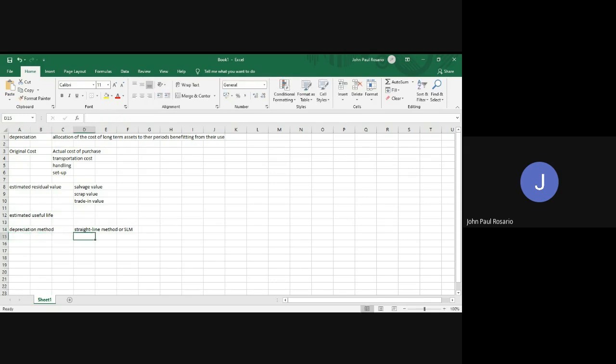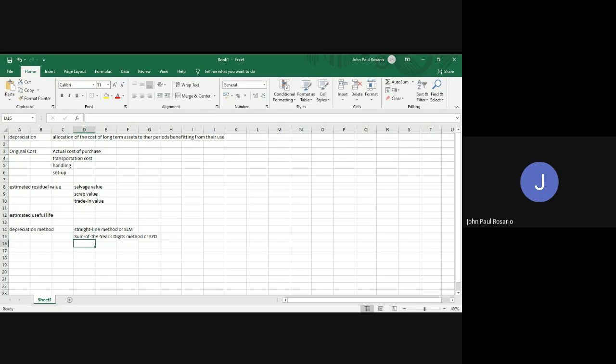Then we have the sum of the years' digits method, which we also call SYD.